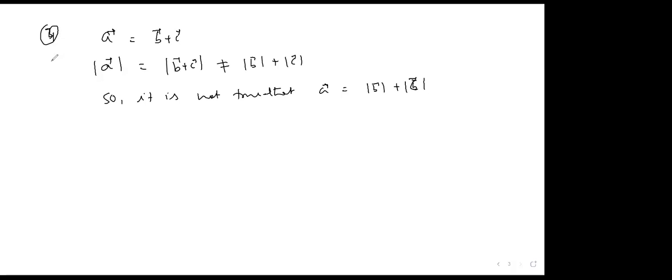Question number 6. Find a vector of magnitude 5 units and parallel to the resultant of the vectors A and B. Question 6 we are going to discuss.